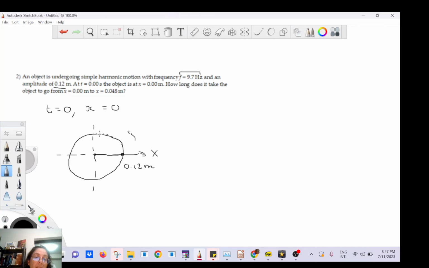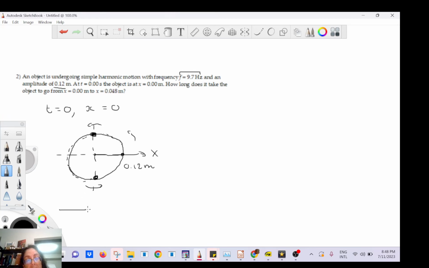At t equals 0, maybe it's going to be here, or it could be here, and it's moving in this direction.